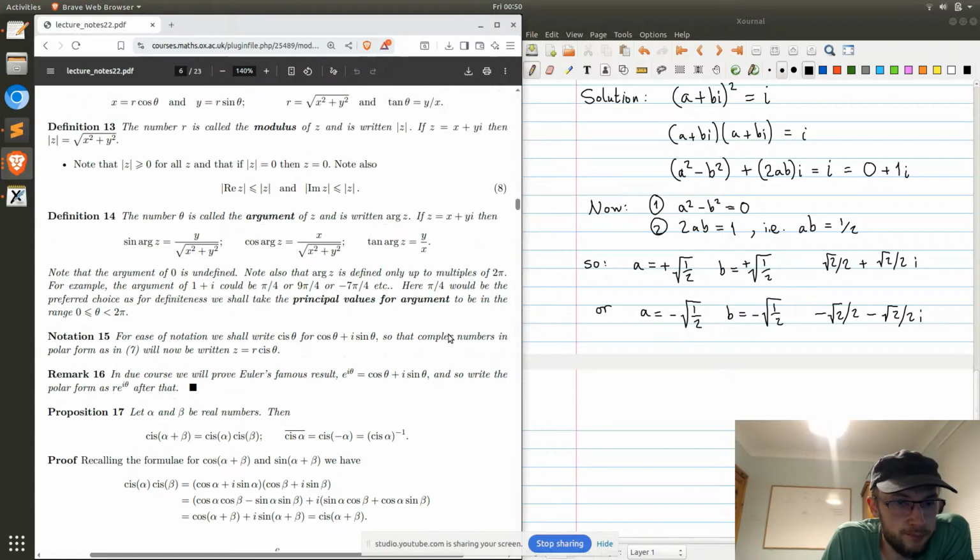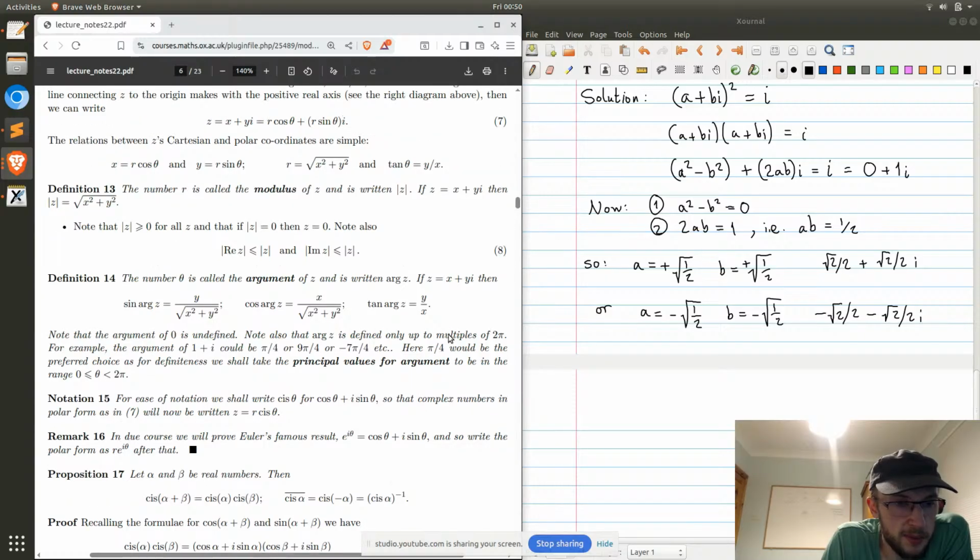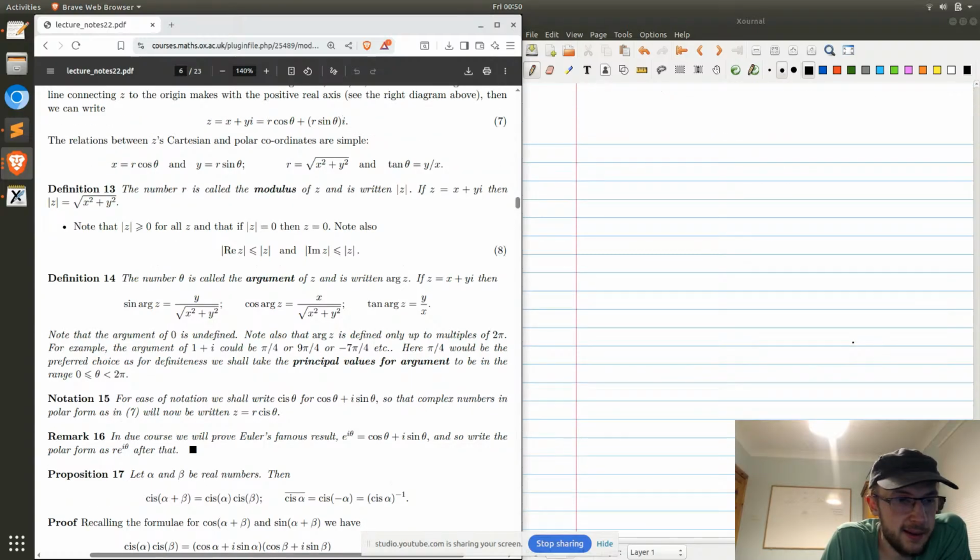Now, here we have Proposition 17. And it says, let alpha and beta be real numbers, then cis of alpha plus beta is equal to cis of alpha times cis of beta.